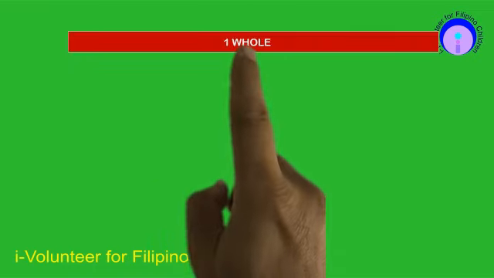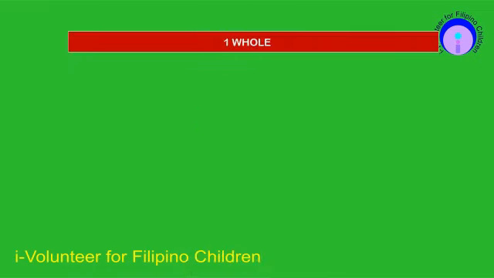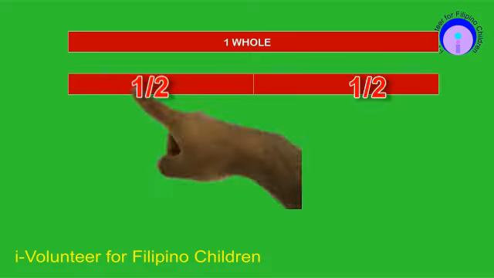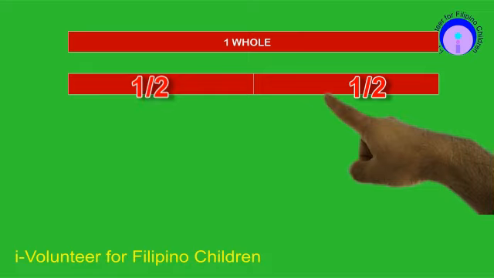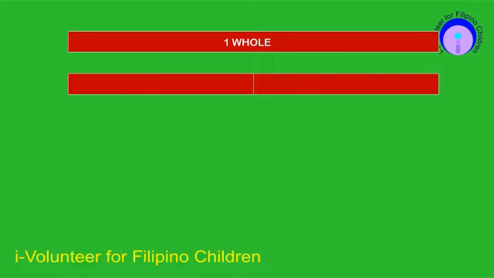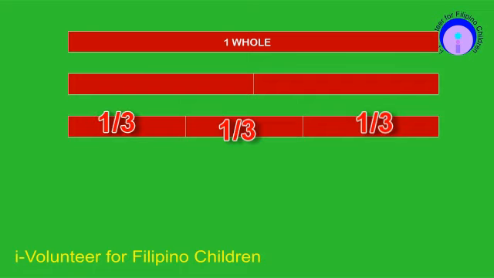This one represents 1/2. If I am going to divide it by 2, this is what it takes. This is the first half, and this one is the second half. If 1/2 is divided into 3, this is what it takes. We have 3 1/3s.